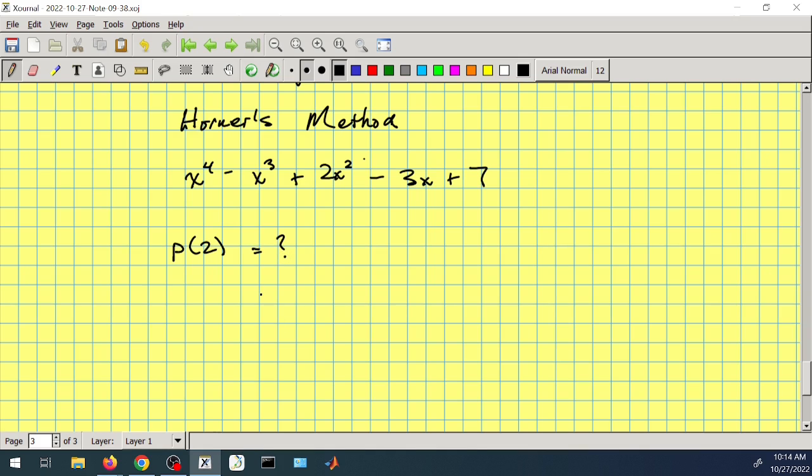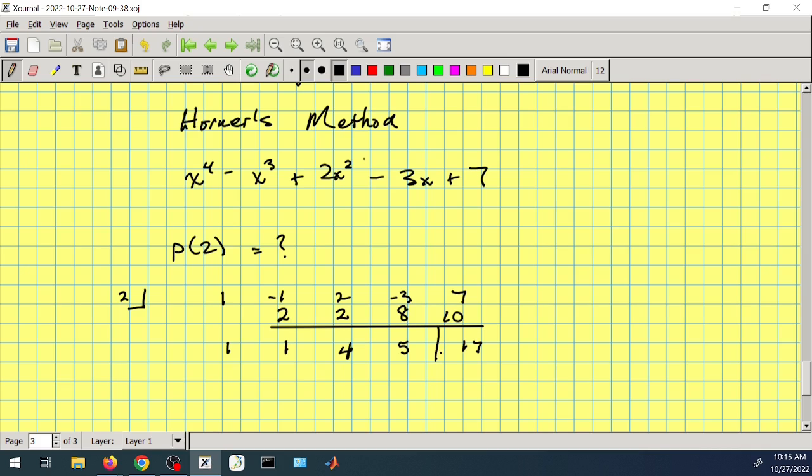So in computer language, the transpose of the vector that represents this polynomial in P5 is 1, negative 1, 2, negative 3, 7. And I want to know the value at 2, so I'm going to divide by x minus 2. Bring down the 1. 2 times 1 is 2, 2 minus 1 is 1, 2 times 1 is 2, 2 plus 2 is 4, 2 times 4 is 8, 8 minus 3 is 5, 2 times 5 is 10, and 10 plus 7 is 17.